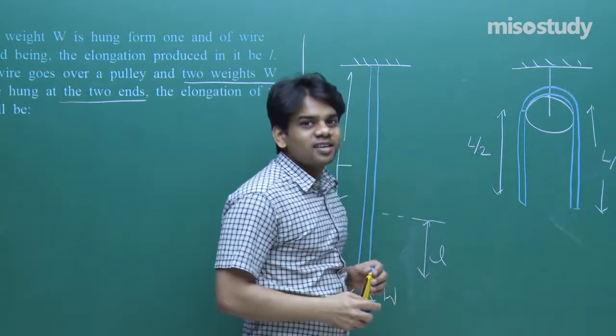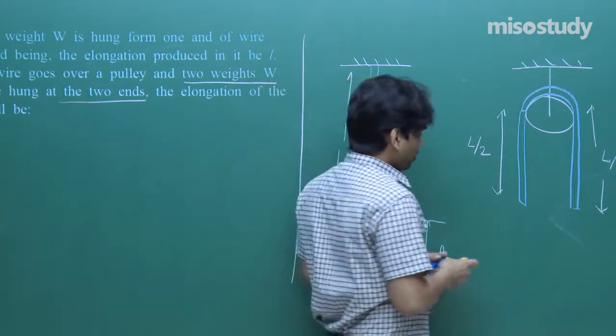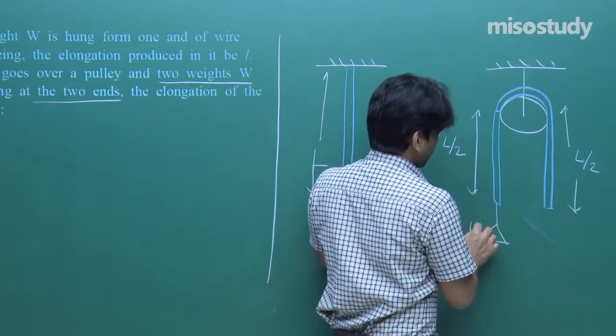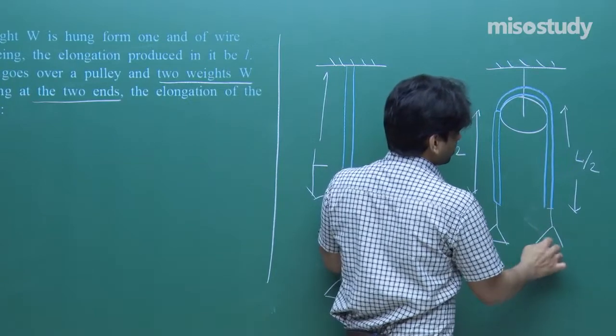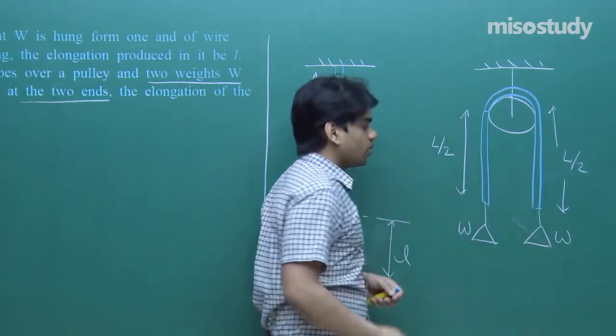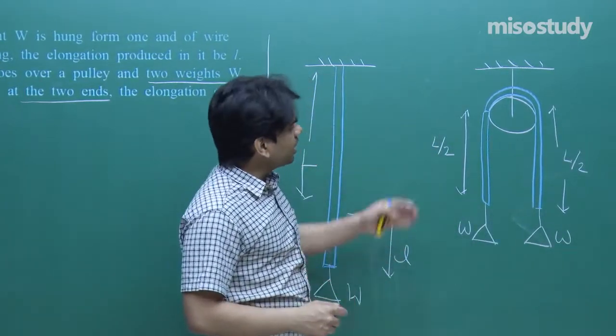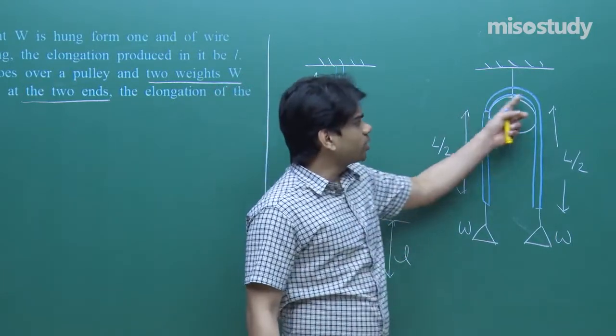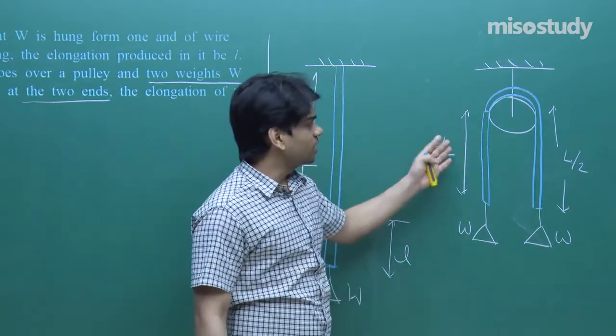Try to understand. Next thing you see here, W is the weight hanging from each of its ends. Each part is going to extend by what amount? Let's try to find out. Don't worry, this length can be neglected in front of the entire length.